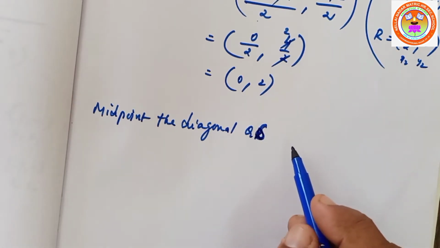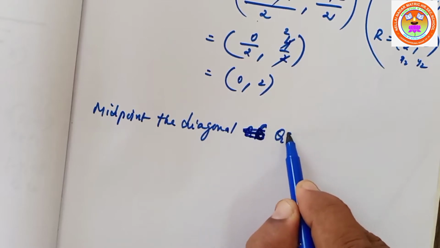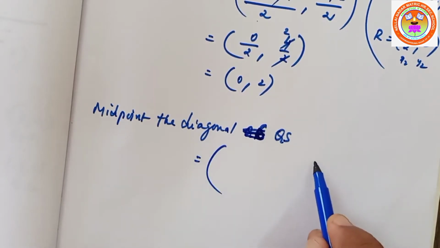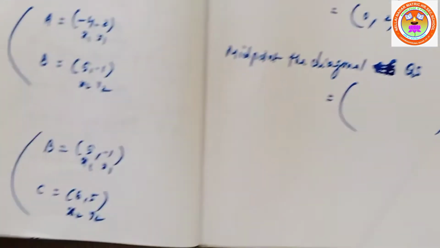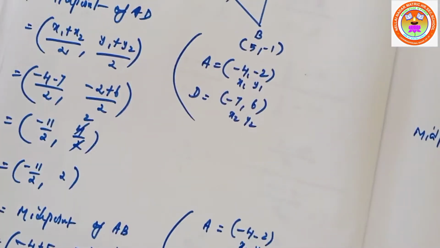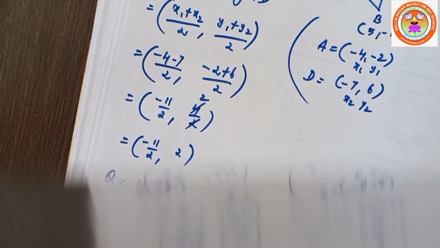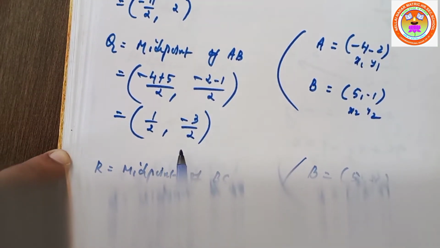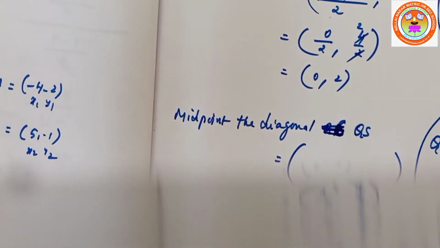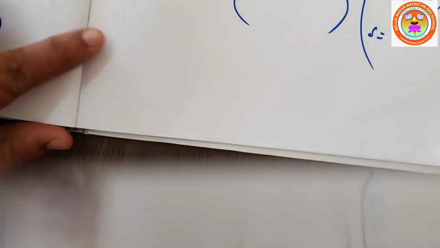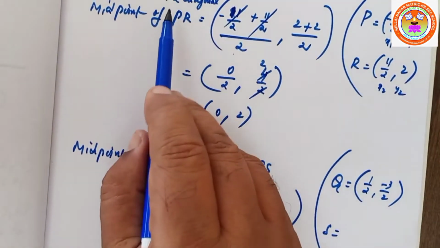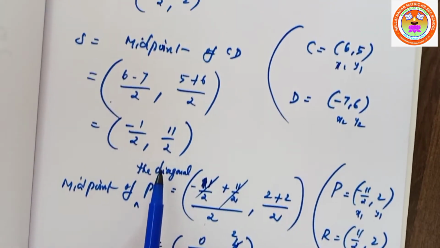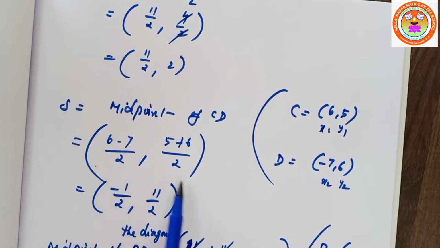I write the points Q and S here. Q here it is (1 by 2, -3 by 2). Next, S point. S is (-1 by 2, 11 by 2).